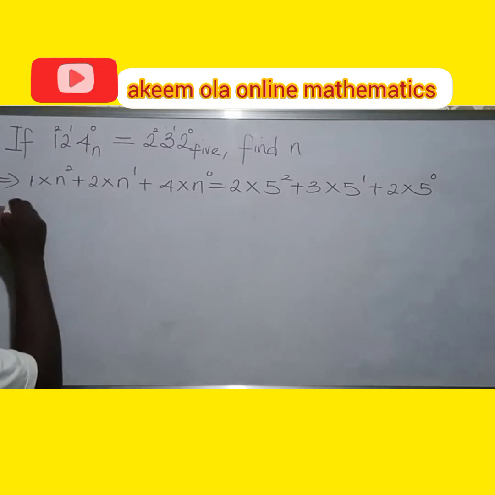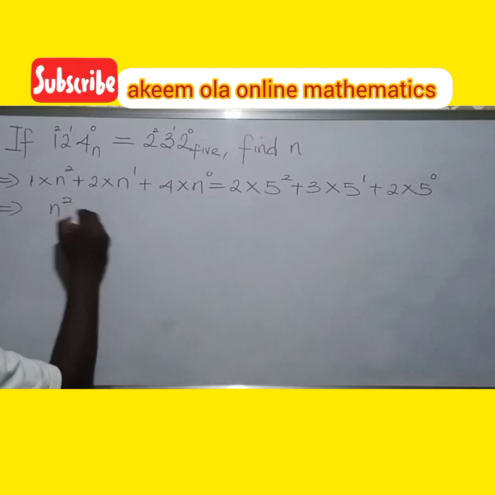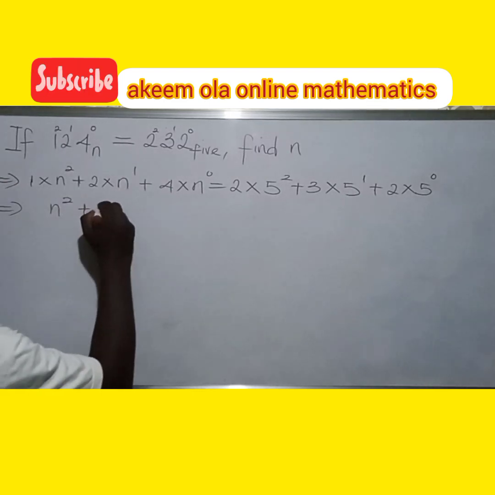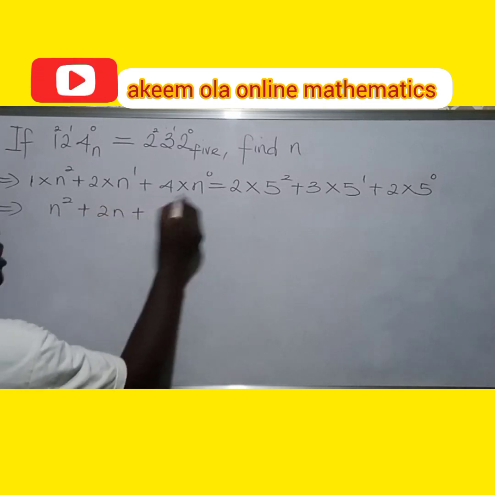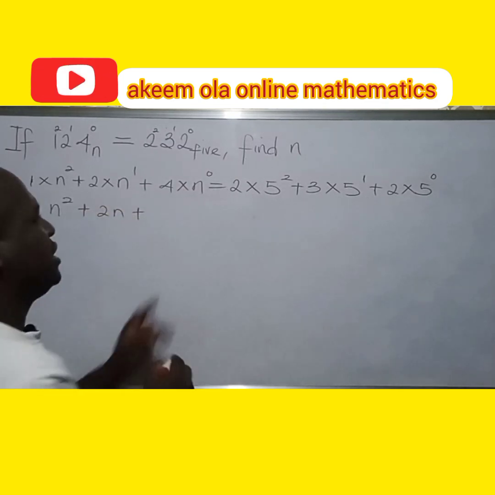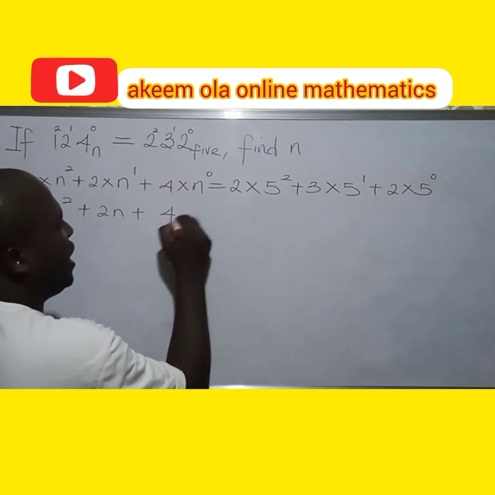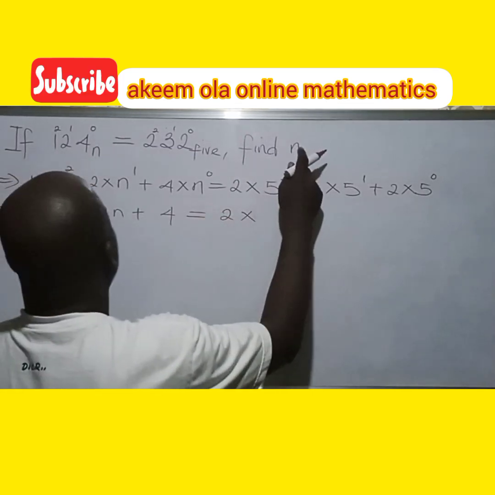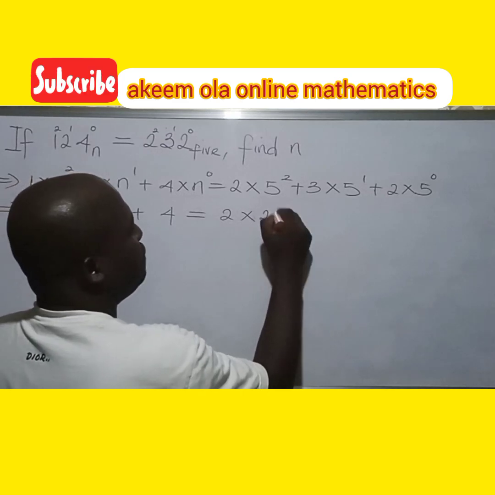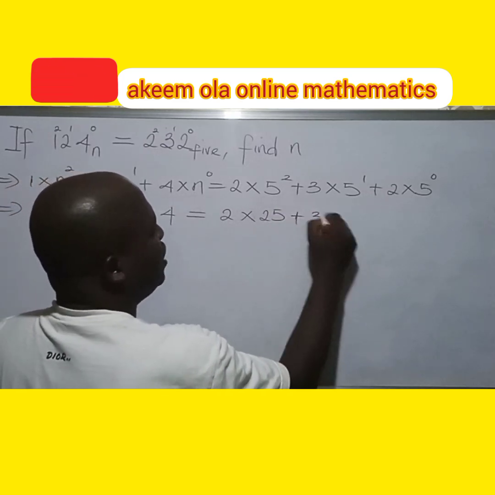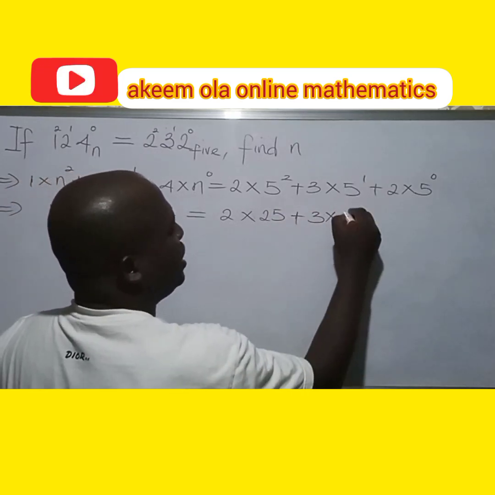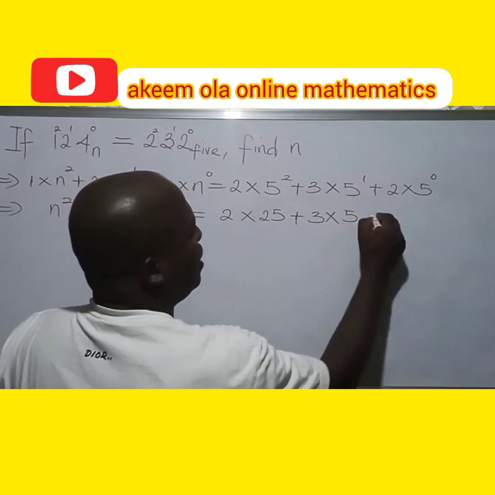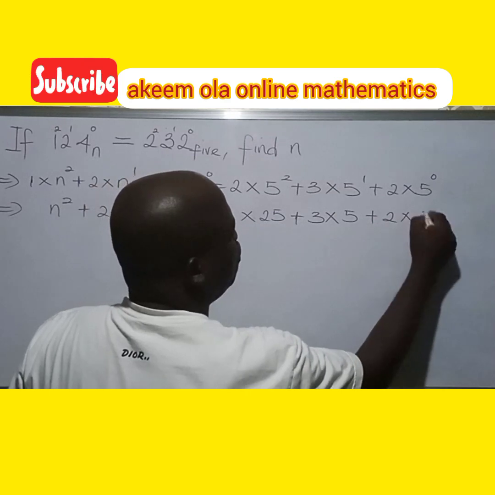We are going to have n squared plus 2 times n raised to power 1, which is 2n, plus n raised to power 0, which is 1 times 4, so we have 4 here. Everything is now equal to 2 times 5 raised to power 2, which is 25, plus 3 times 5 raised to power 1, which is 5 times 3, which is 15, then we have 2 times 1.